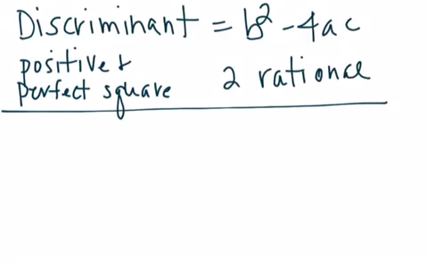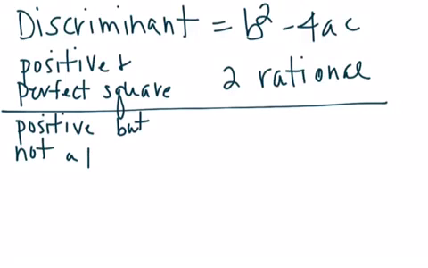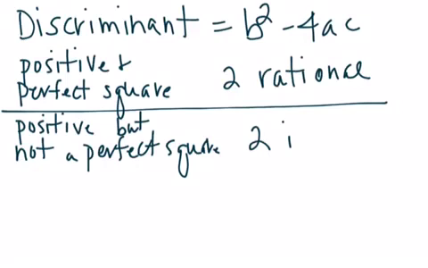If that number is positive but not a perfect square, then you will have 2 irrational, meaning they have a square root that you can't do anything with, roots.